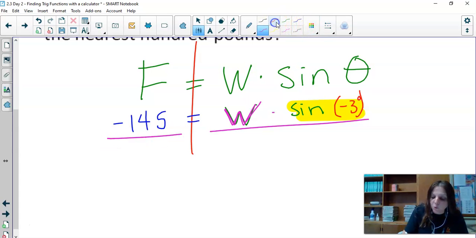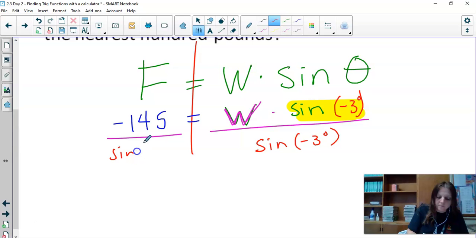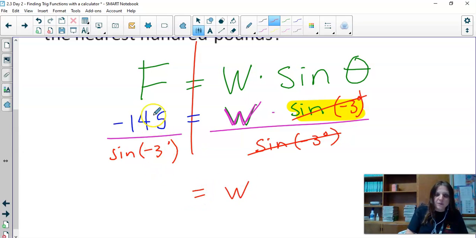And what I do to one side, I'm going to have to do to the other. So again, you could take your finger, cover up the W, and you'll see that we need to divide by sine of -3 degrees. Why does that help you? Well, that divides them out over here, and you're just left with the W. I don't see any thetas, so I don't have to do any inverses.